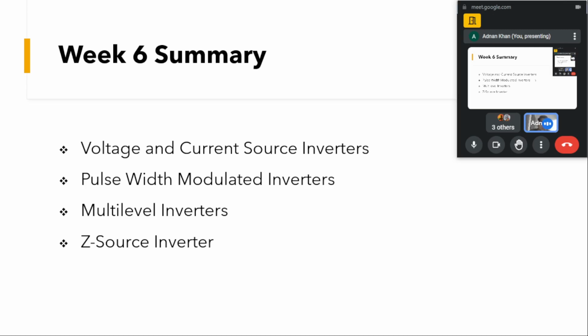This week, week 6, covered voltage and current source inverters, pulse width modulated inverters, multi-level inverters, and lastly the Z source inverter.